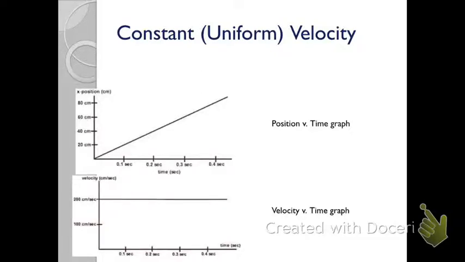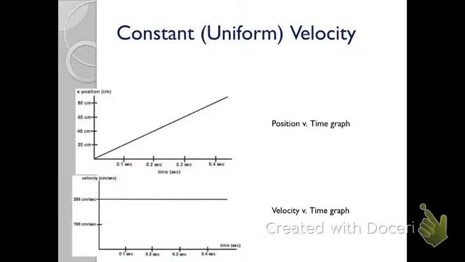Now, basically a different type of graph. We looked at position versus time first, and that's where our graph shows a change in position. And then we're going to look next at something called a velocity versus time graph. So now instead of position being on the y-axis, it's velocity that's on the y-axis. If you look at this graph, position versus time, this is moving at a constant velocity forward.